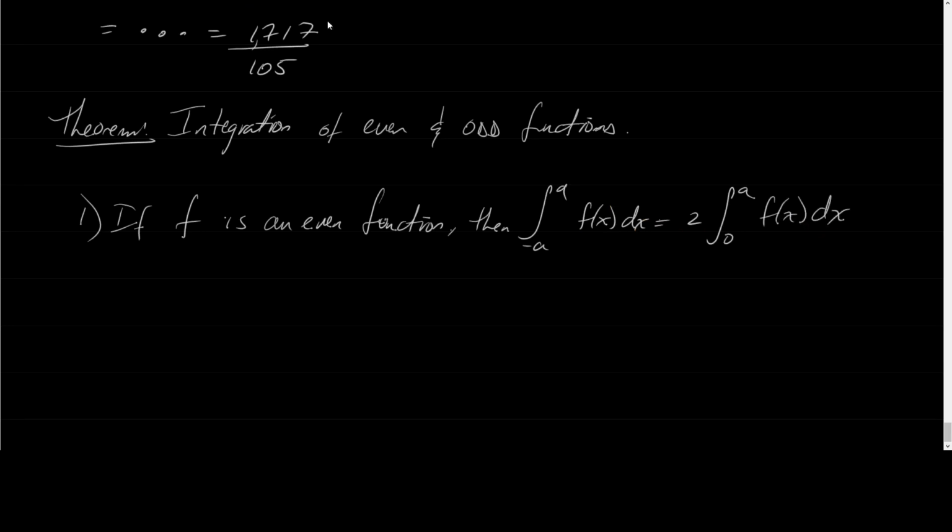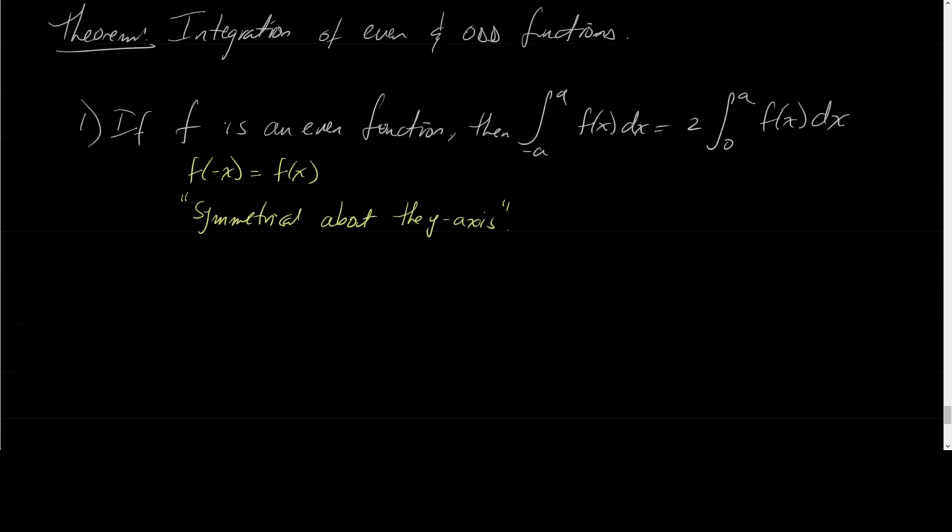Recall here that even meant that f of negative x is equal to f of x. This is also saying symmetrical about the y-axis. Alright, so that's for even functions.